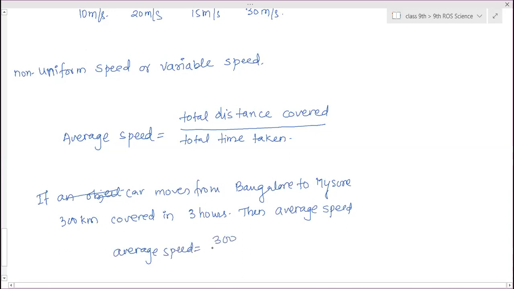The total distance is 300 kilometers by 3 hours, so it is 100 kilometers per hour.